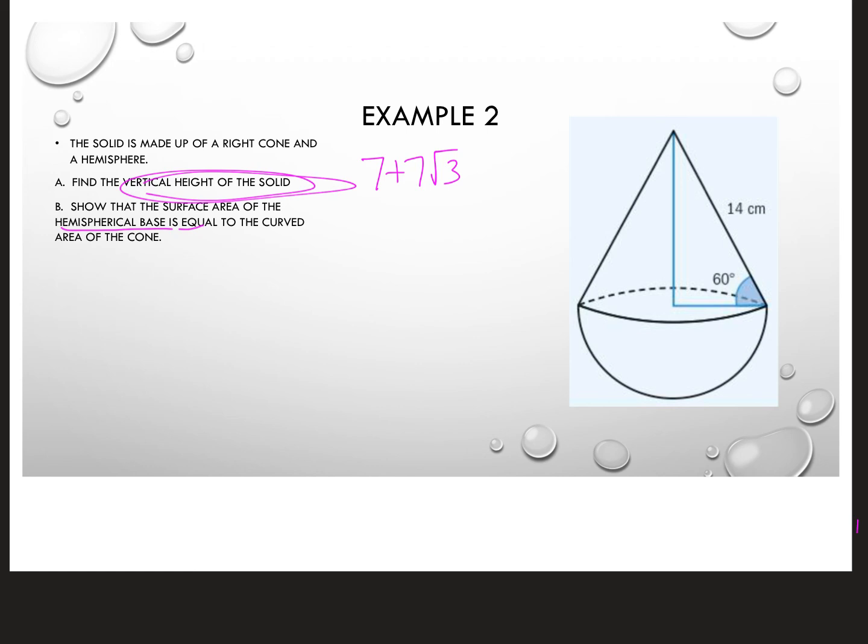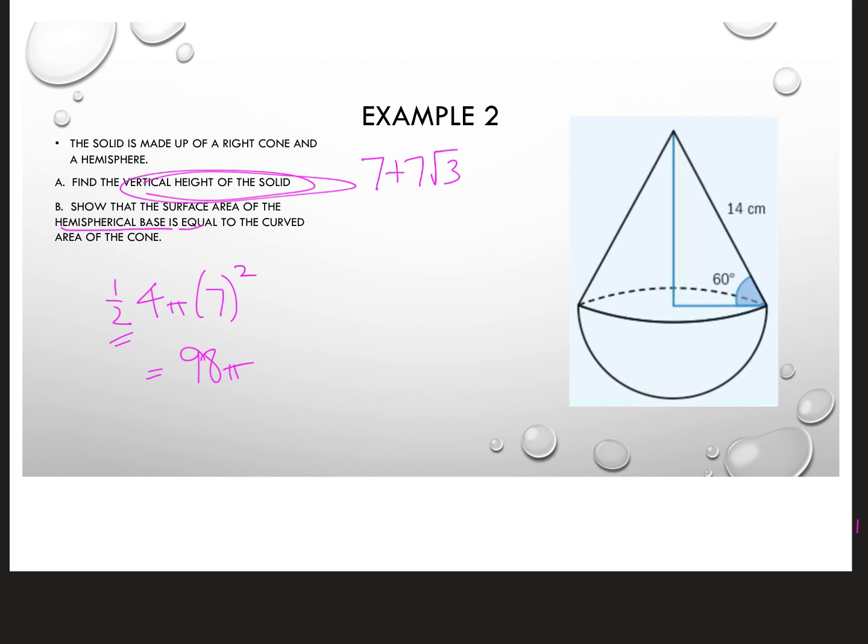The hemispherical base would be 1/2 of 4 pi 7 squared. Now you may need to go to the last lesson to get that formula. It's not the full surface area of the sphere, it's only half of it. That's where this half is coming from. If you multiply this together, you should get 98 pi.